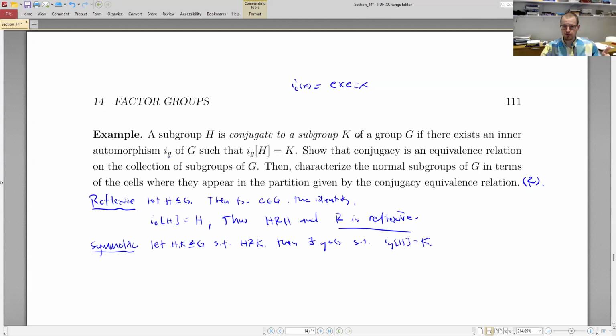H is conjugate to subgroup K if there exists G such that this. Fantastic. So H is related to K. Now I want to show that K is related to H, right? That's what symmetry is. I can write it in either order.